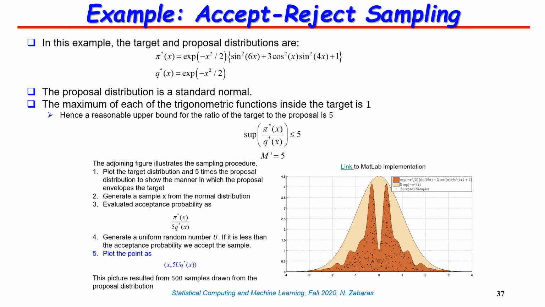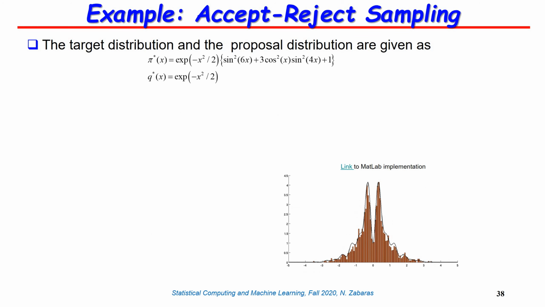Again, this is a nice way to geometrically plot, with these points, x and m times u times q star of x. And if those are below pi star of x for each x where you sample, then you accept, otherwise you reject.